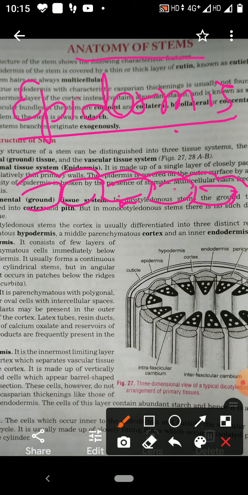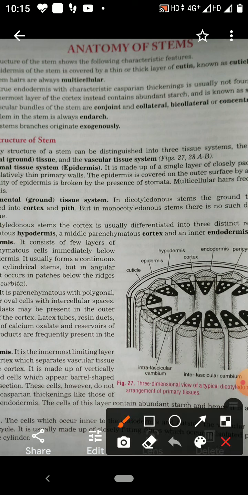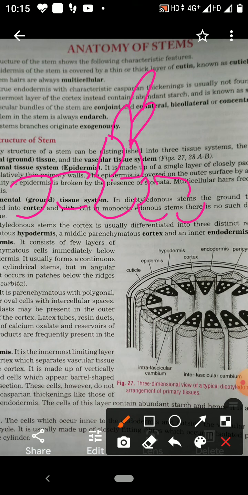Now, you can get multicellular hairs. They develop from the epidermis. So these are the multicellular hairs.